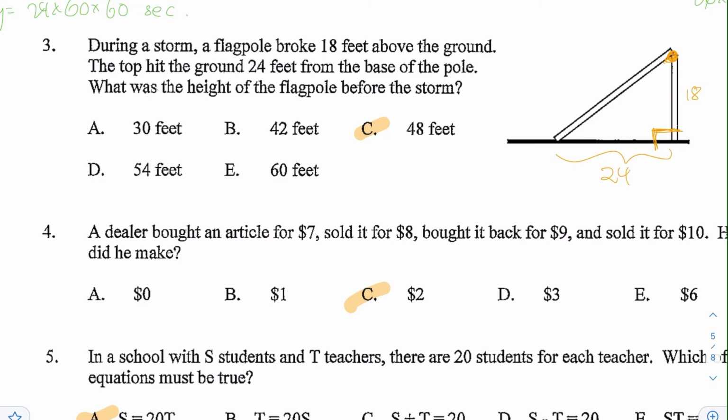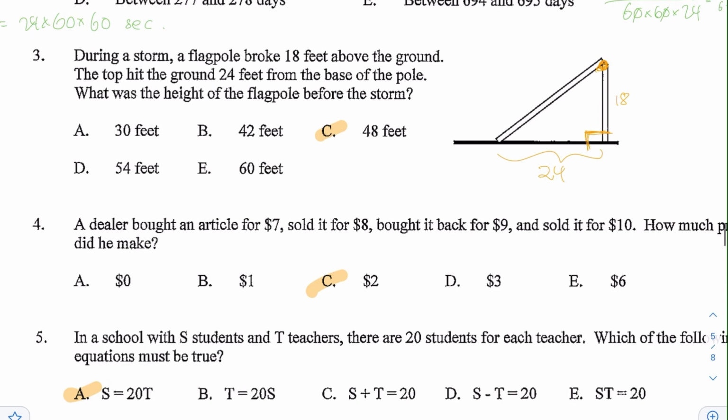To figure this out, you can use Pythagorean triplets to see if these are Pythagorean triplets. And if you divide by 6, 18 is 6 times 3, 24 is 6 times 4. So the hypotenuse should be 6 times 5, which would be 30 feet.